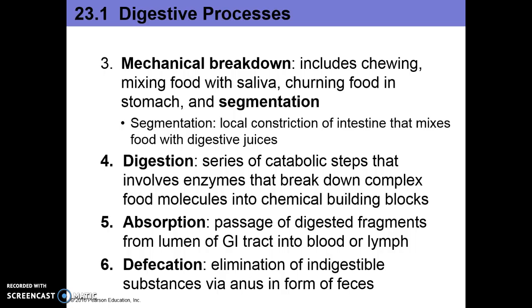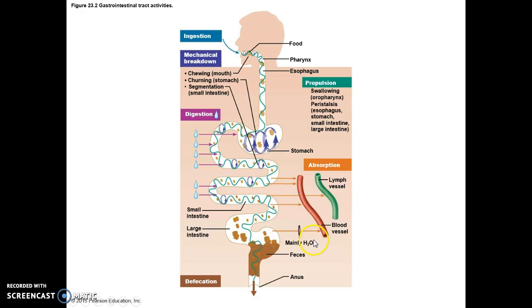And we'll talk more about the lymphatics playing a role in absorption of fat. And of course, the last is defecation, which is the elimination of the indigestible substances via the anus in the form of feces. So here, this image shows you the processes here in the beginning.